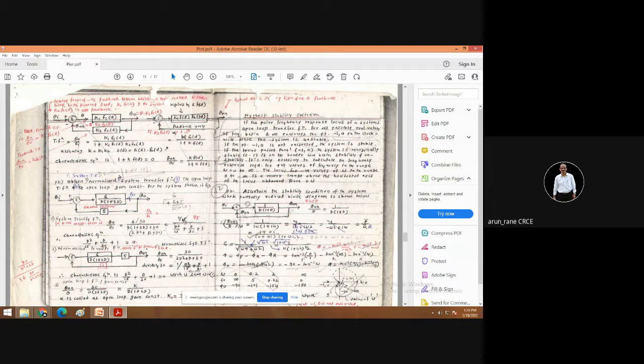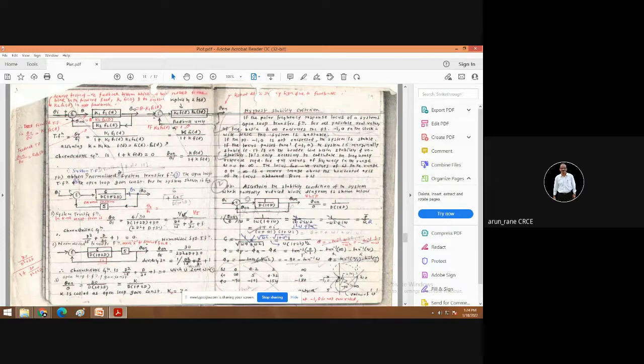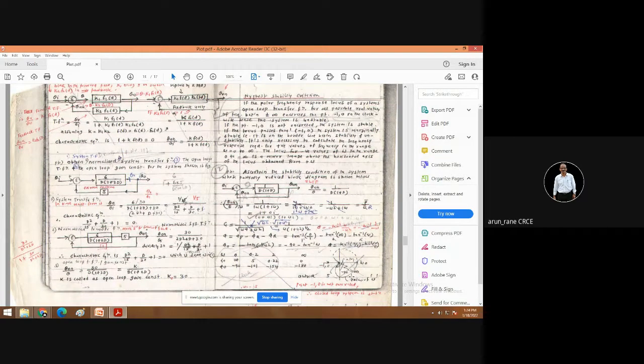Now as usual, find out G, that is magnitude, and phase angle, by writing it in real form and imaginary form. Take various values of omega, find out G, find out phi.